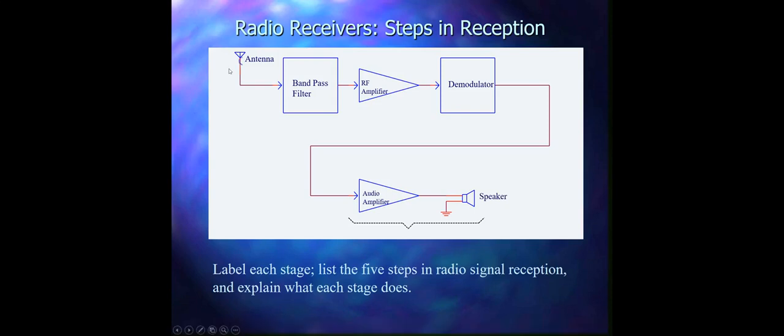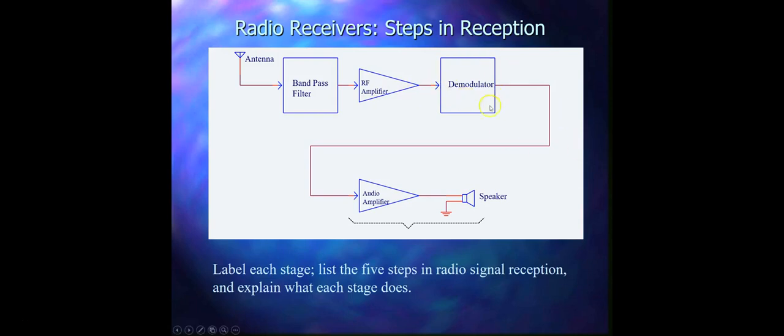At the receiver side, when you receive the signal, the main function of the antenna is to convert the electromagnetic energy into electrical signals, and that signal goes to the bandpass filter. This filter will select the frequency, and once the frequency is selected, it is passed through the radio frequency amplifier and then further to the demodulator.